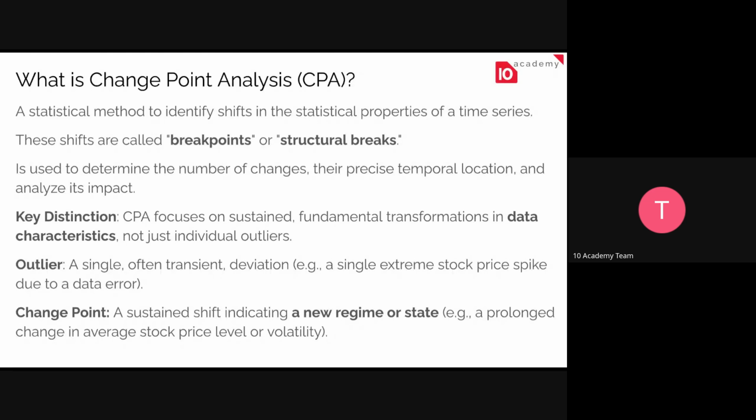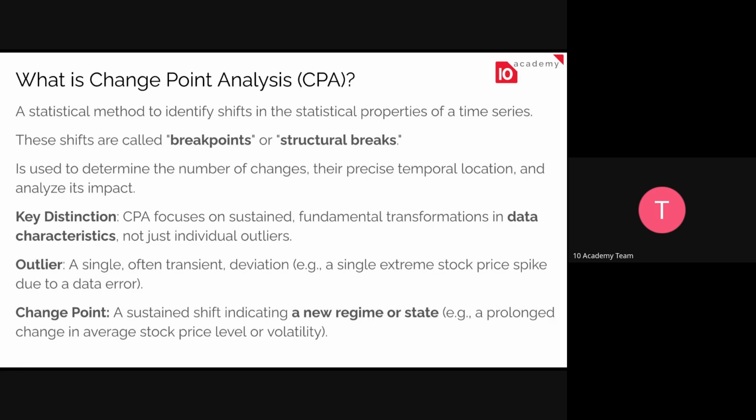It doesn't analyze the cause, that's what I wanted to say. So by using change point analysis, you can identify the number of changes in a given time series, locate where each change occurred, and analyze its impact: how did it change the statistical property of the time series data?